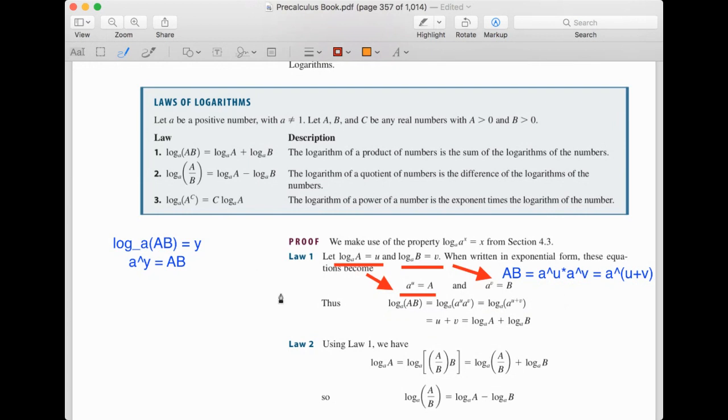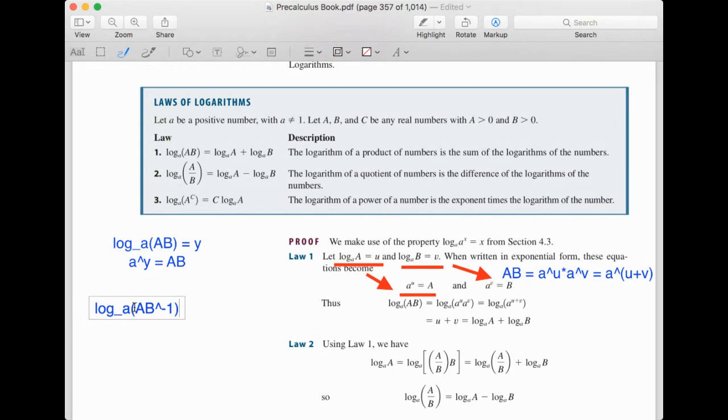All right, so similarly, we get a second one. The first one is multiplication. The second one is a division. In division, actually, we can think this way also. So we have log base a of A divided by B. We can rewrite as A times B raised to -1.